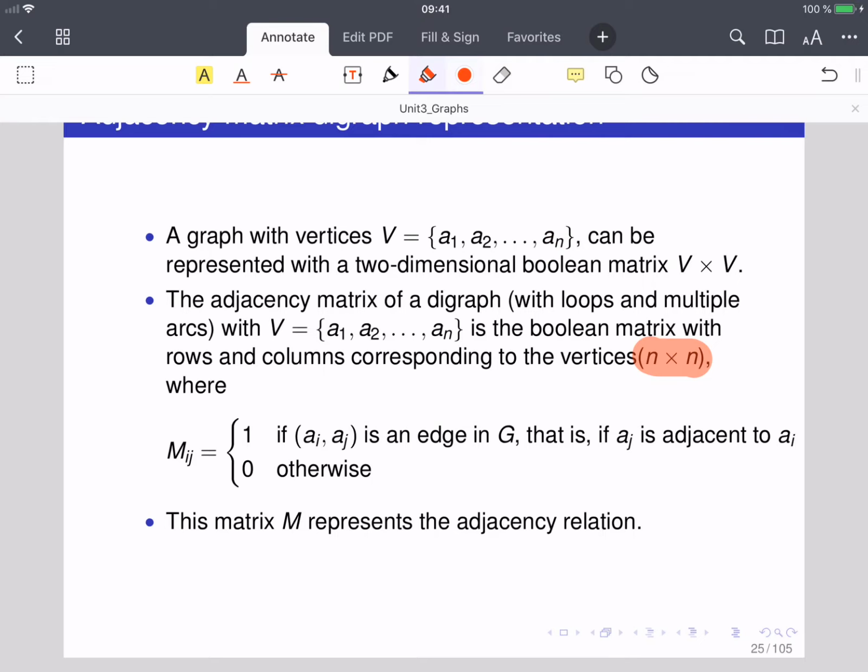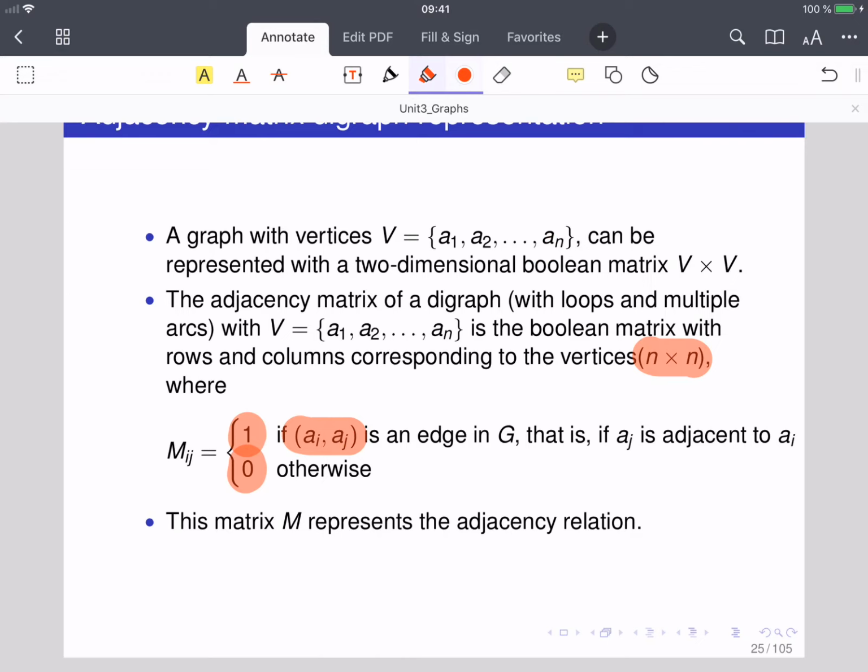Okay, and in the position ij, we are going to store a 1 if j is adjacent to i. So if there is an edge from i to j, we are going to write a 1 in the position ij of the matrix. In row i, column j, we write a 1. And if there is no such edge, then we write 0.